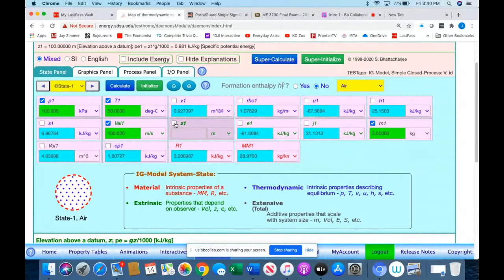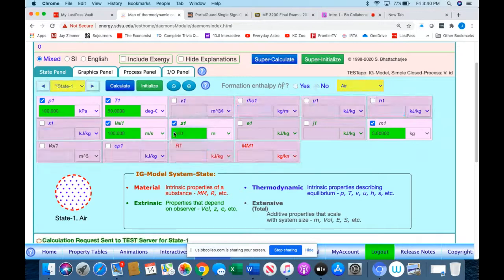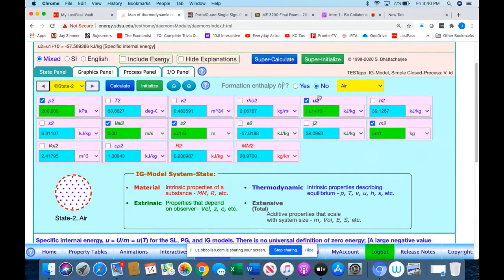So I'm going to go ahead and bring the potential back down to 0, which was our datum. Sorry. And my velocity, I'm going to take that back down to 0 as a datum. And now we're back to the same here. In state 2, because I added some internal energy, this value went up somewhat.